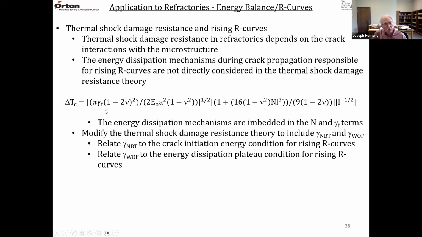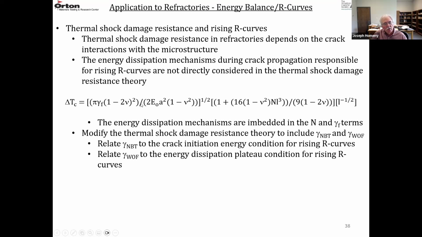It's not obvious, but the energy dissipation mechanisms are embedded in these two terms, the N, the crack density, and then gamma F, the fracture surface energy.